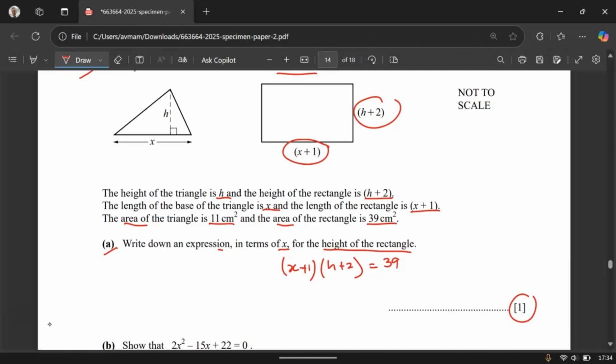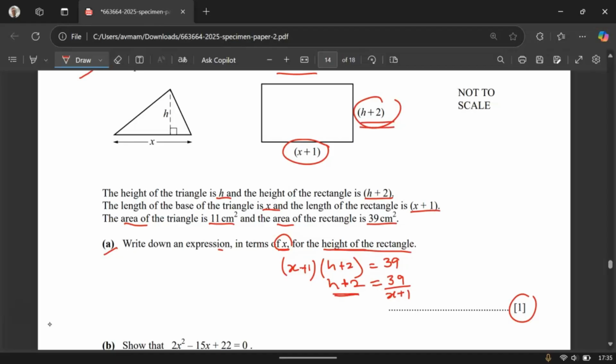Now to express the height of the rectangle in terms of x, divide both sides by x plus 1. So you have h plus 2 equal to 39 divided by x plus 1. So that's your answer.